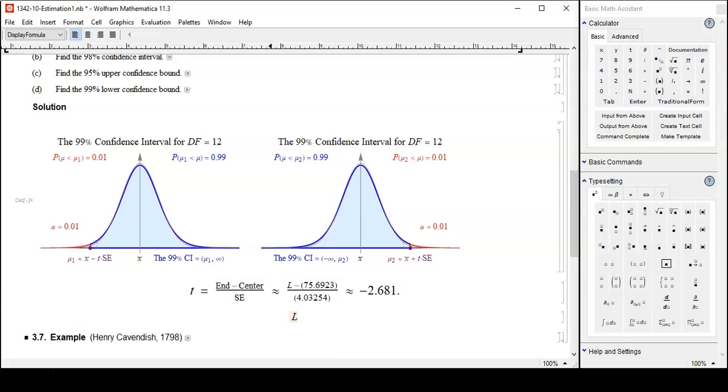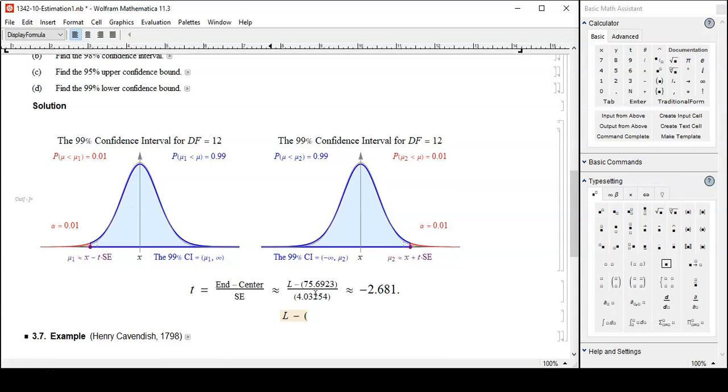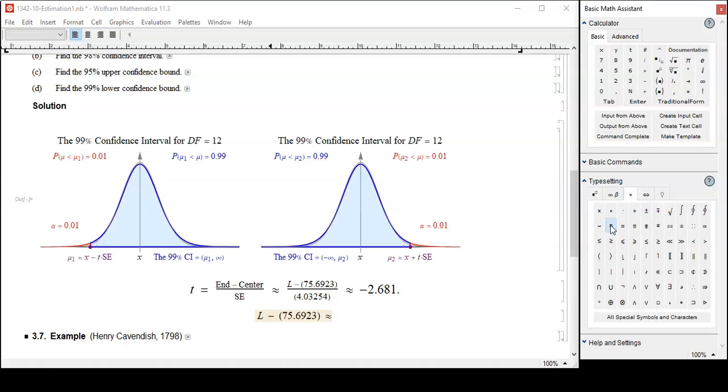Okay, and then let's work out this. It's not too bad. L is approximately equal to the negative of 2.681, the t-score, times the standard error, which I'm copying and pasting. And then, of course, this center, I'm flipping over to the other side as well.